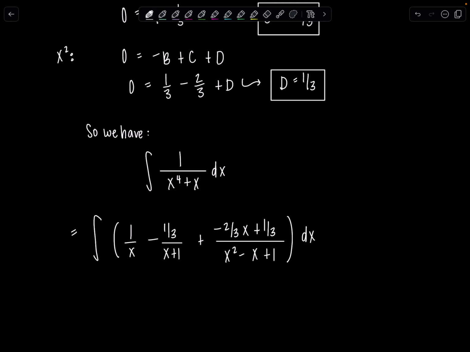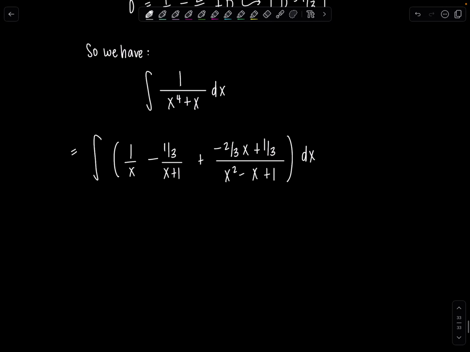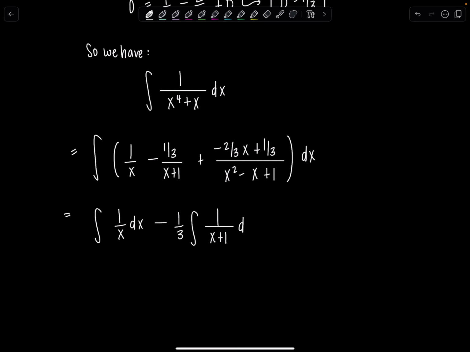Now, to proceed from here, I'm going to split this up into 3 little baby integrals, so we'll knock them out one at a time. So I'll write this as the integral of 1 over x dx minus 1/3 times the integral of 1 over x plus 1 dx. They each get a dx when you split them up like this.